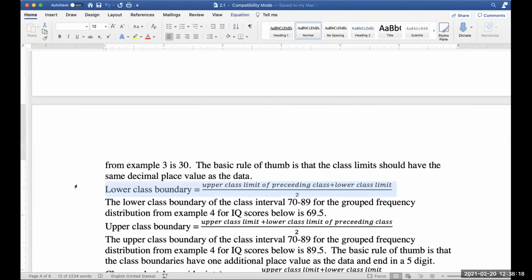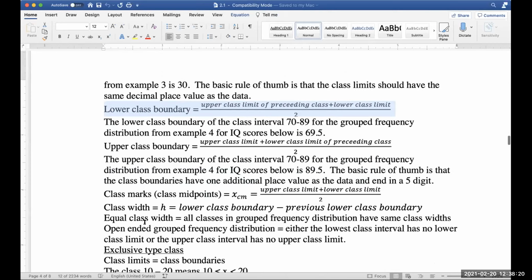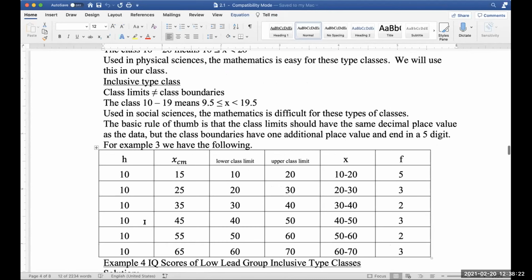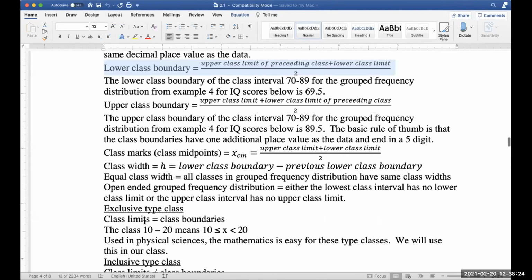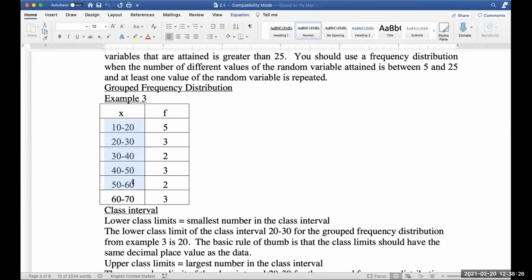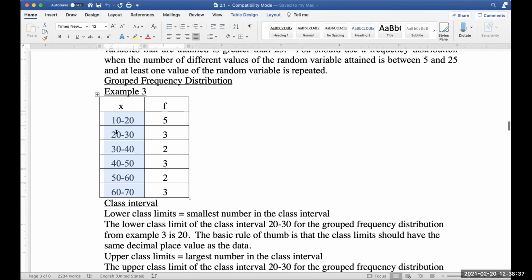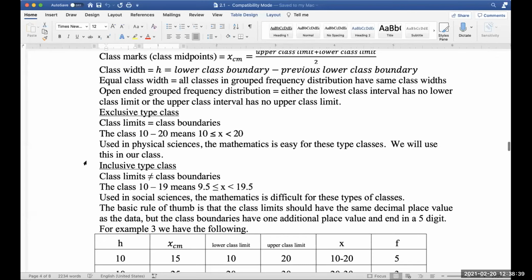Now, you could write these intervals in two different fashions. So one way of writing them is this way: the exclusive type classes, or I could do it as an inclusive type class.